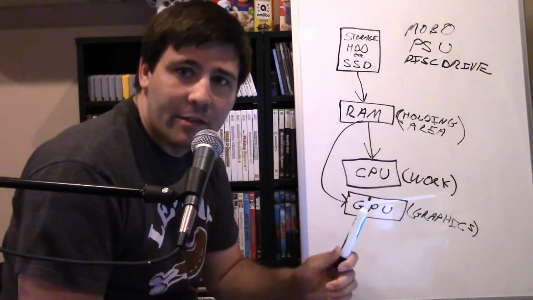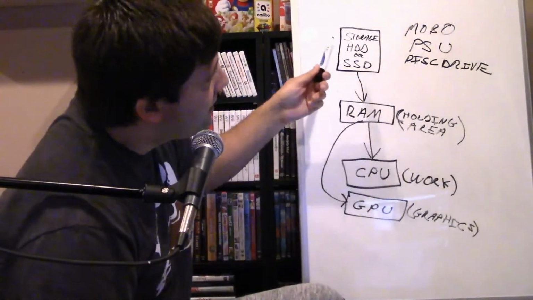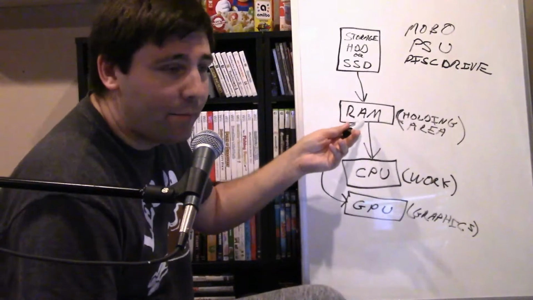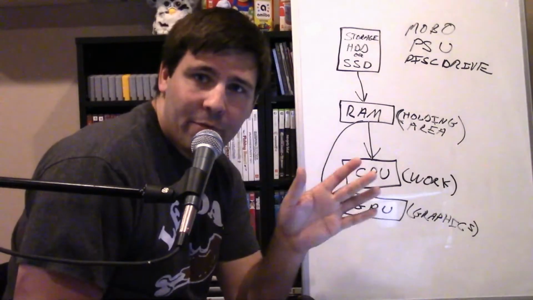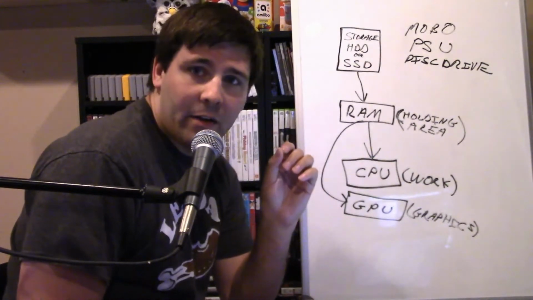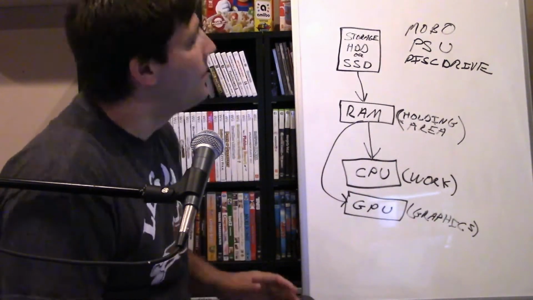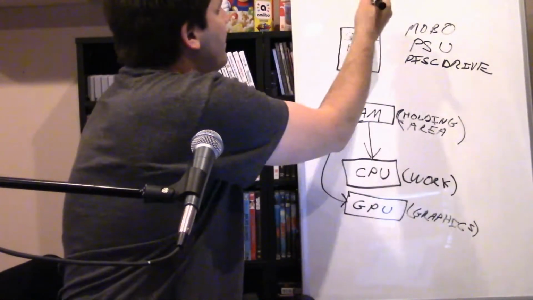But the other thing to consider is how fast it is going to be able to transfer data from itself to the RAM. And that depends on what type of drive you have and how the drive is connected to the motherboard. So there's basically three types.